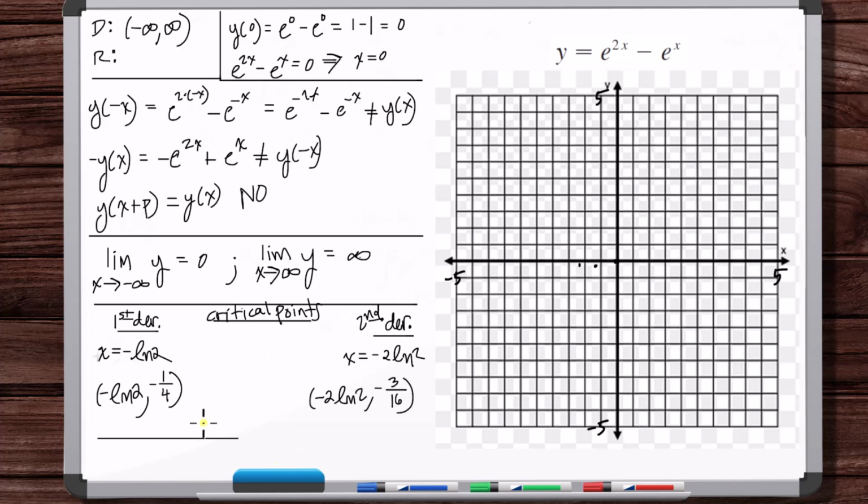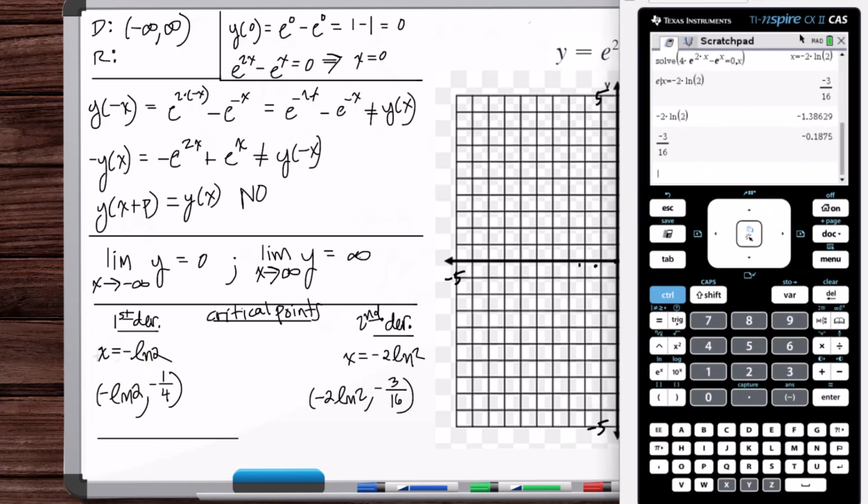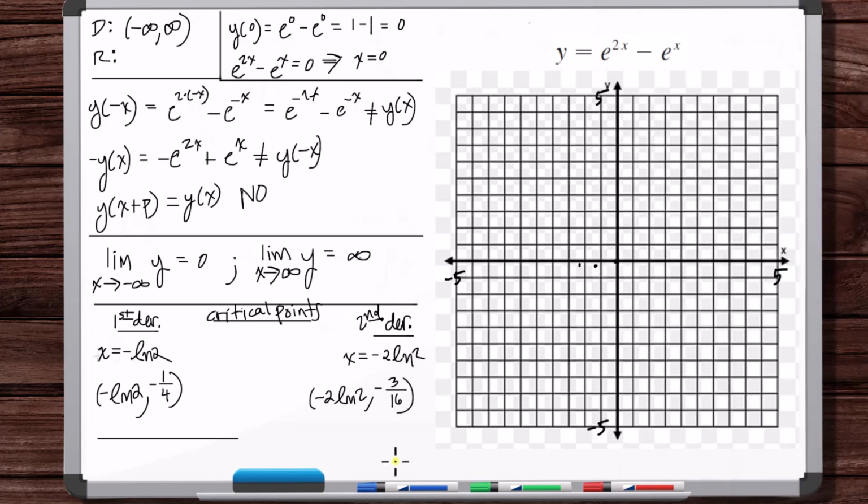Okay, minus natural log of 2 was what? Minus 0.69. So, okay, we've got 0 and then minus natural log of 2.